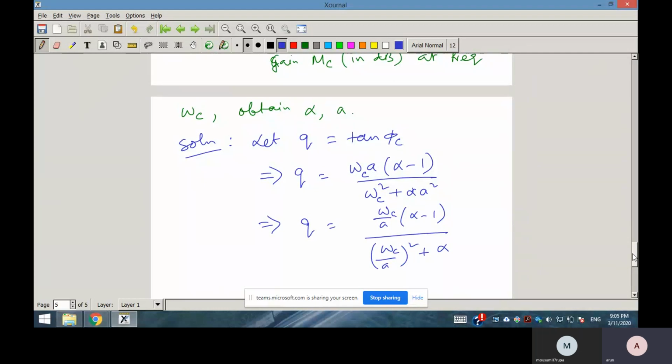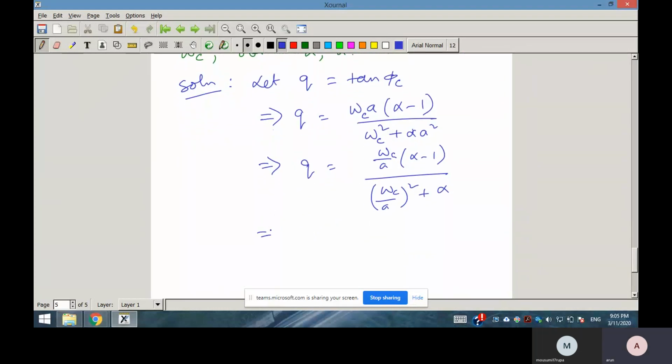So I can consider omega c by A as a normalized frequency, that is omega c bar. Q equal to omega c bar into alpha minus 1 divided by omega c bar whole square plus alpha, where omega c bar equals omega c by A, that is the normalized frequency.